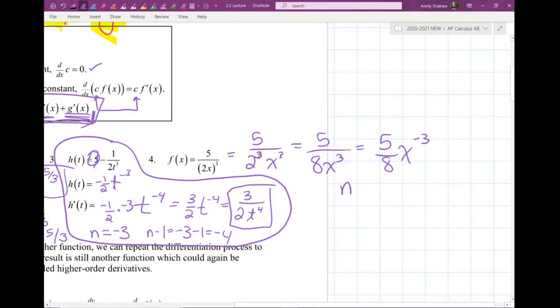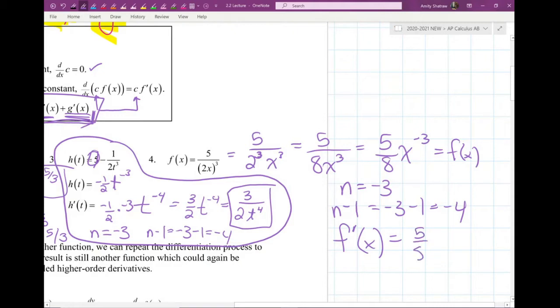And so my power was a -3, and if I take away 1 from that, what I have is -3 minus 1, which is a -4. And so the derivative of this, all of those things were me just telling you what f of x was. So this is what f of x is. Now I want to do the part where I actually find f prime of x, meaning that derivative, and I'll say that I have a multiplier of 5/8 in front, and I had that exponent, which was a -3, and then I have x, and it has a new exponent, and that exponent is a -4.